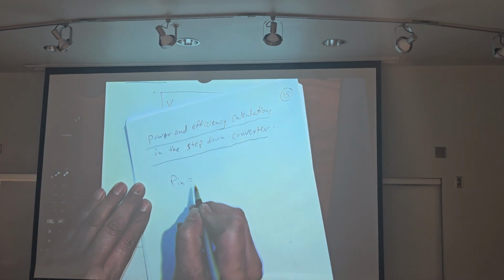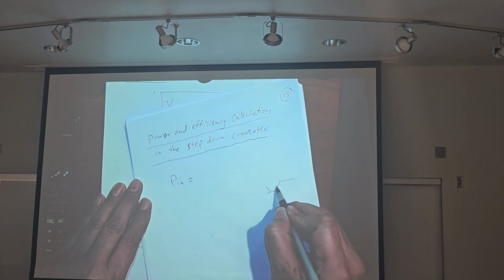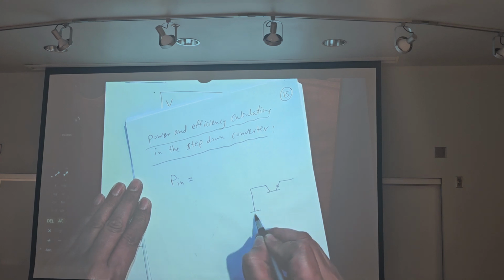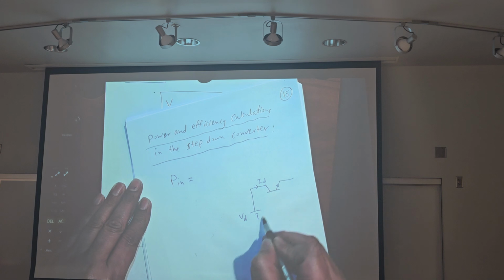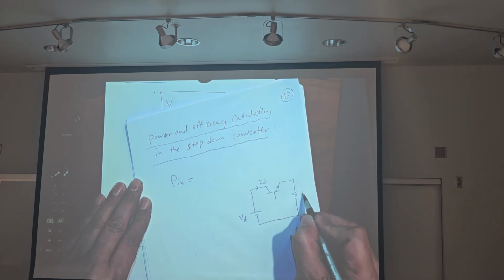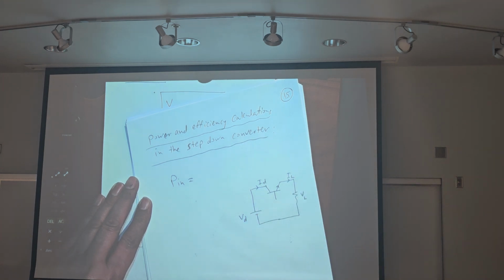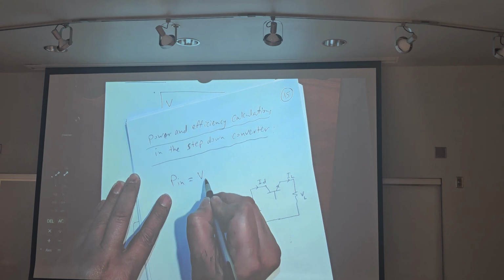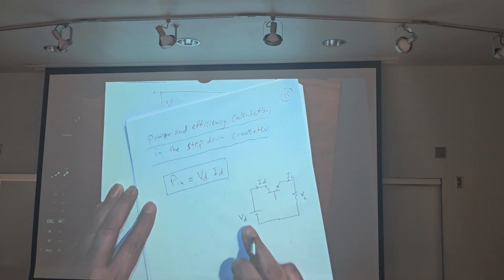Power input equal to the transistor connected to the input voltage VD and ID, and connected to the load V load, I load. Okay, see, power input equal VDID.